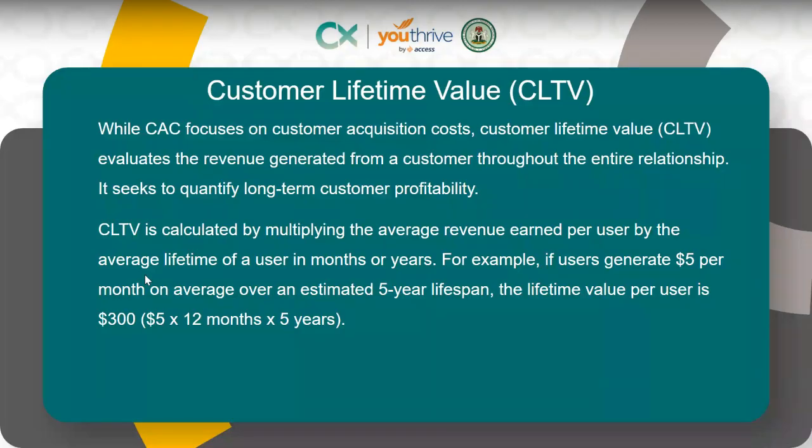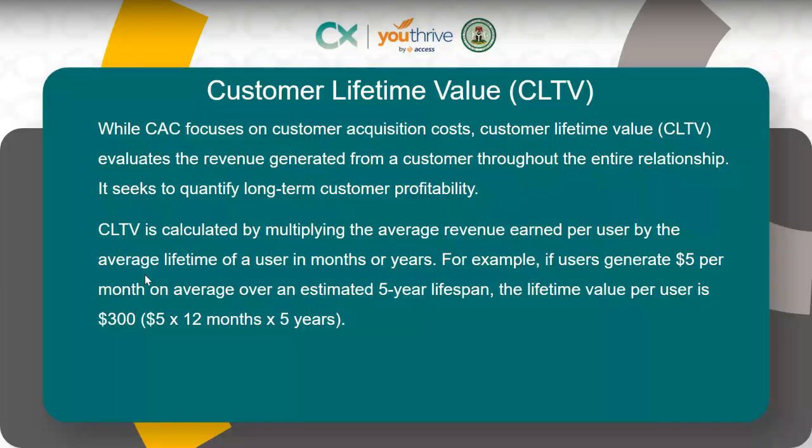CLTV is calculated by multiplying the average revenue earned per user by the average lifetime of that user in months or years. So let's say you made about 300 dollars from a customer, and by the time you look at your active users, that customer has only been an active user for, let's say, 7 months.